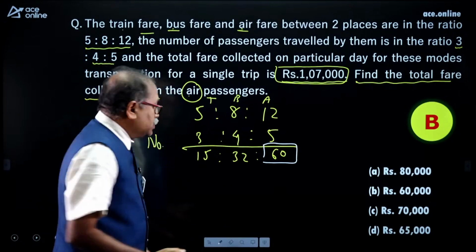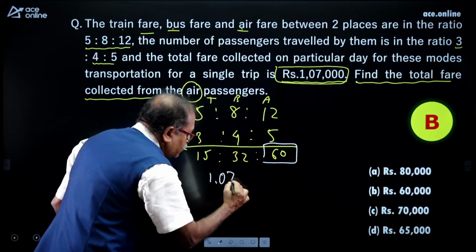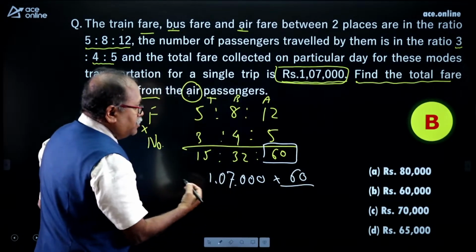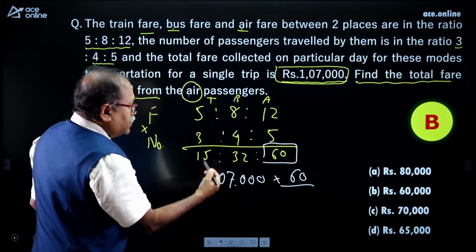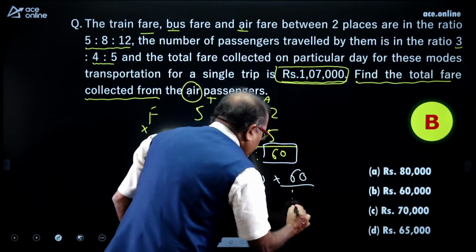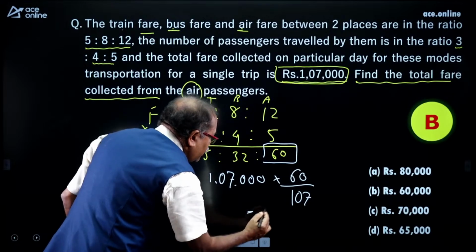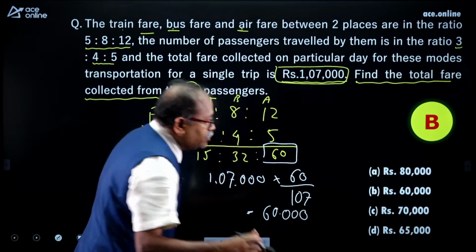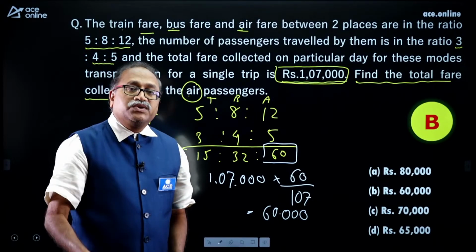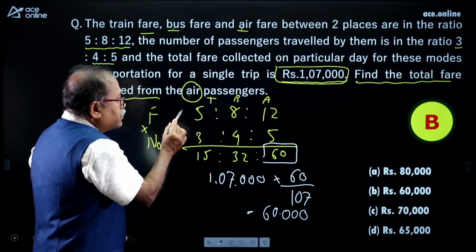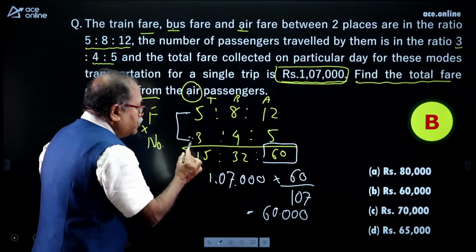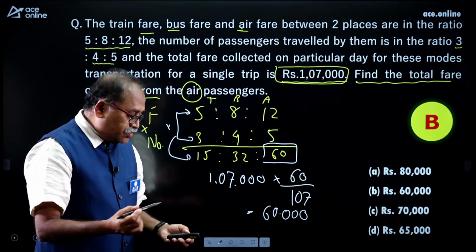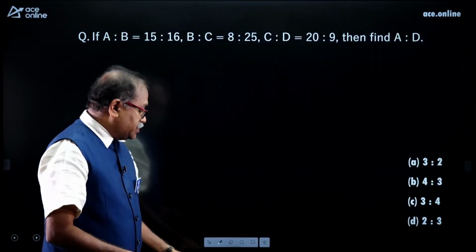That is 1,07,000 into 60 parts out of the total. How many parts over here? That comes to 107. So it clearly comes to 60,000 as your answer, and you have rightly said option B is your answer. So the only part we have to learn here is that the fare ratio into the number ratio will be the total revenue ratio.